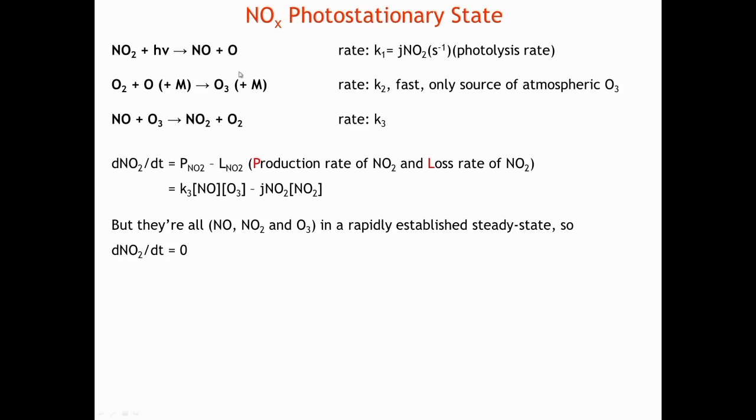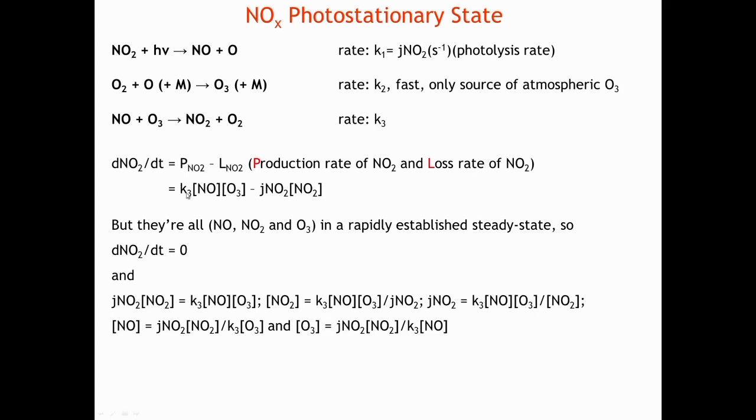But if nothing changes, if the sun stays out, if it stays at the same temperature and we stay at the same pressure, then dNO2 by dt equals 0. Which means that JNO2 times NO2 equals K3 NO times ozone.